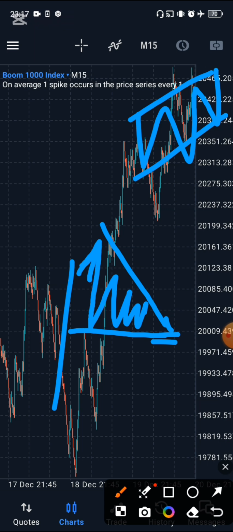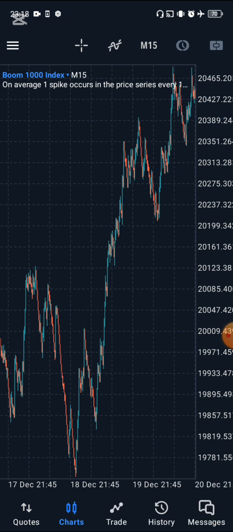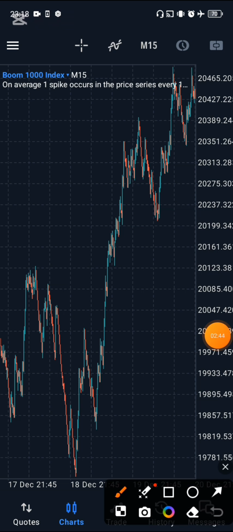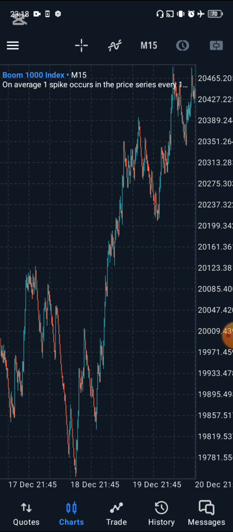For wedges, it's a little bit tricky sometimes, because sometimes they can continue going up and sometimes they can continue going down. But there's a simple trick that I want to tell you. Most of the time whenever you see the market consolidating, as long as you are able to draw your trend lines, though this one is expanding, usually reversal patterns will be contracting.